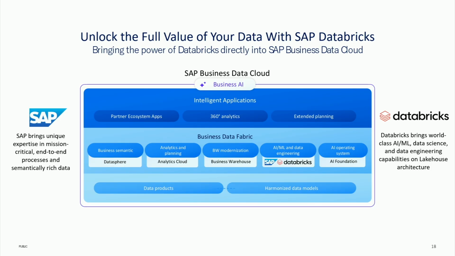We are now reusing also our customers' legacy investments in BW, for example, because what we are also doing, and that's what you can also see here, we are integrating BW as part of the platform, and we are also generating with automation and with tooling data products into the object store out of our customers' BW installations. So they can gradually reduce the BW footprint over time until they can decommission it completely.